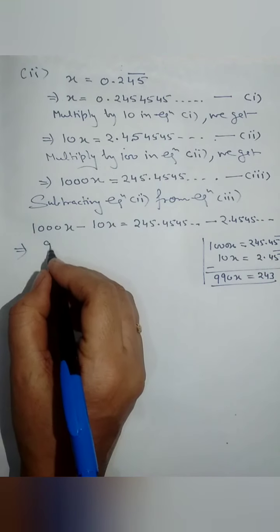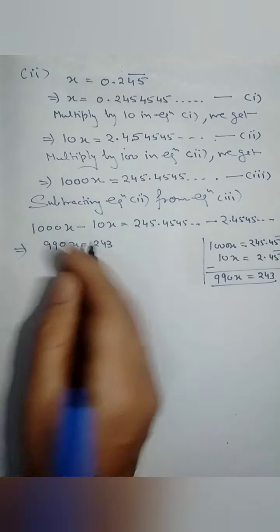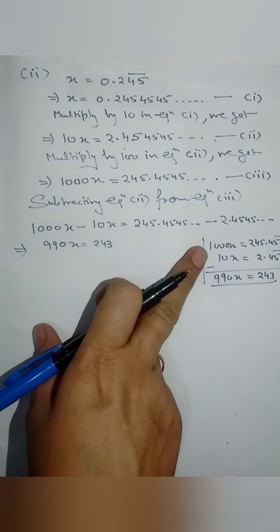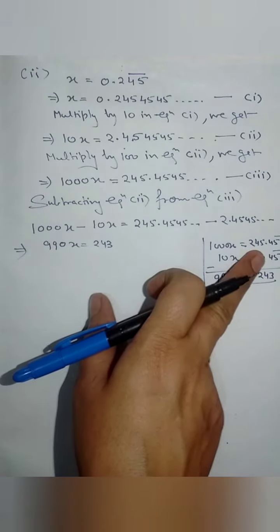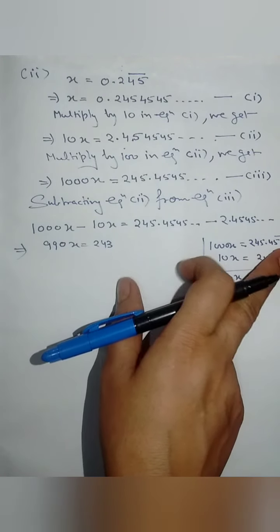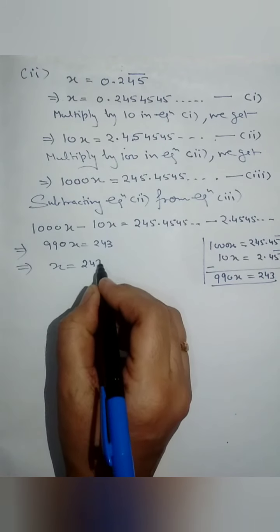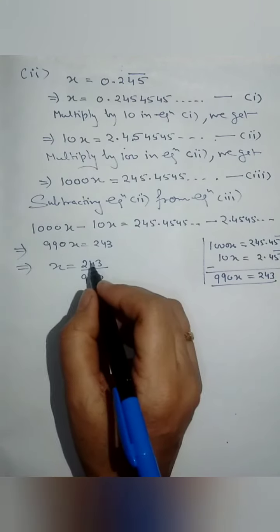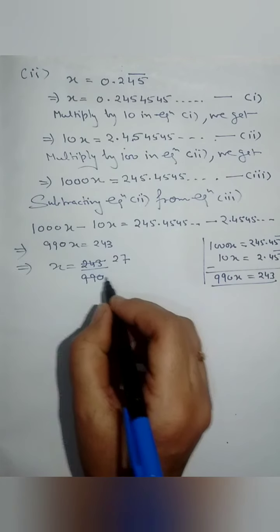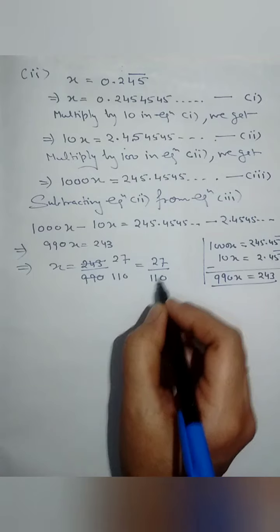So we get 990x is equal to 243, when we subtract 10x from 1000x and 2.45 bar from 245.45 bar. This way x will be equal to 243 upon 990, and in its reduced form we will have 27 upon 110.